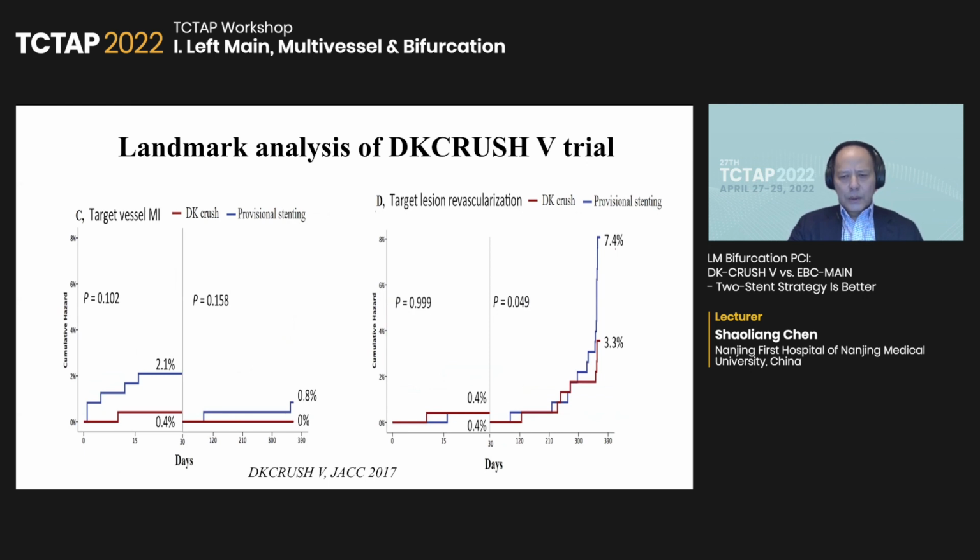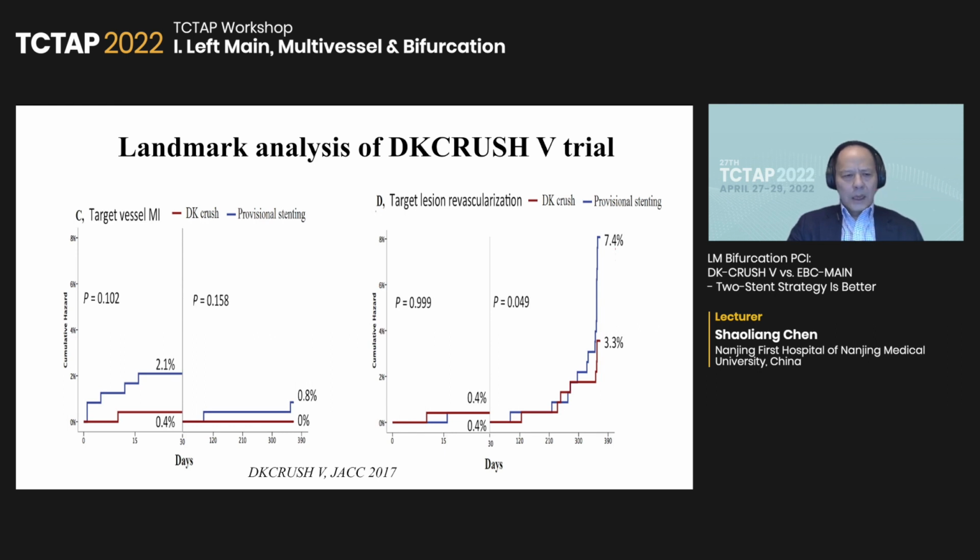Also, we provide a landmark analysis of DK-5. From this figure, you can see there was no significant difference in terms of the TLF after 30 days. So it means the 1-year TLF was mainly driven by per-procedure myocardial infarction after the provisional stenting technique. Also, let's move to the target lesion revascularization rate. Within 30 days after the procedure, there was no significant difference. But after 1 month, there was a very high increase of TLR after the provisional stent technique.